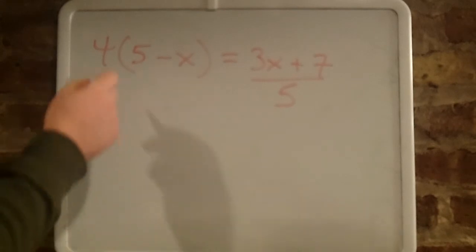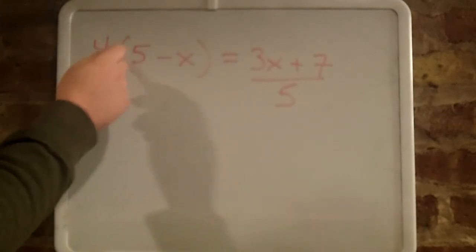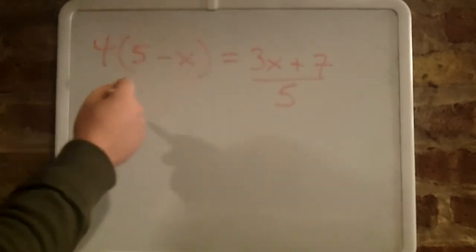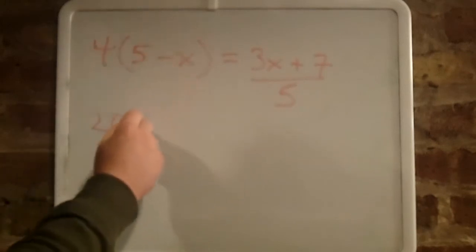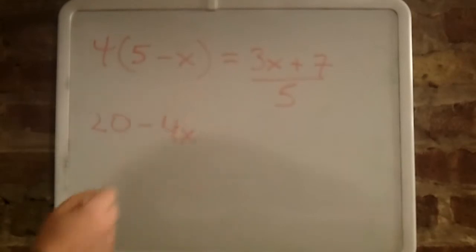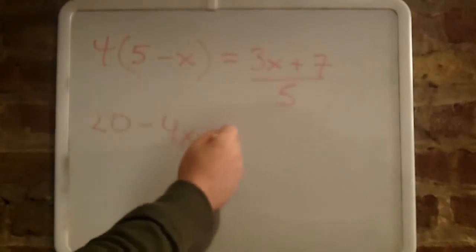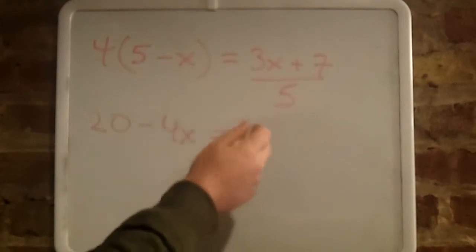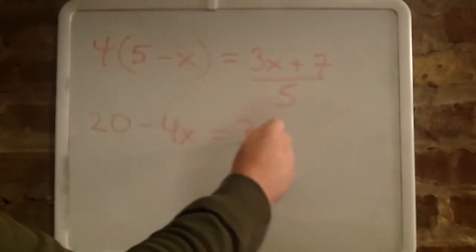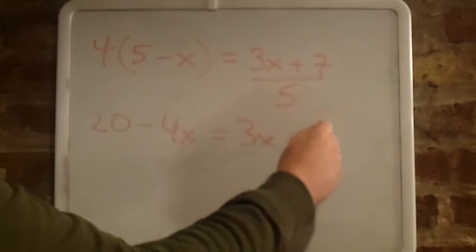So the first thing we can do is use the distributive property to get rid of these parentheses. So 4 times 5 is 20. 4 times negative x is negative 4x. Over here, well, I suppose we'll let that be our first step.